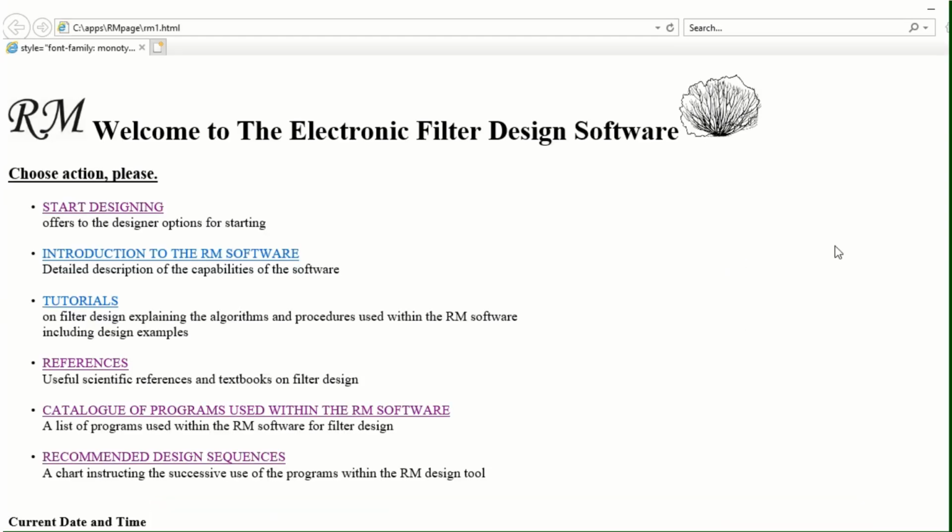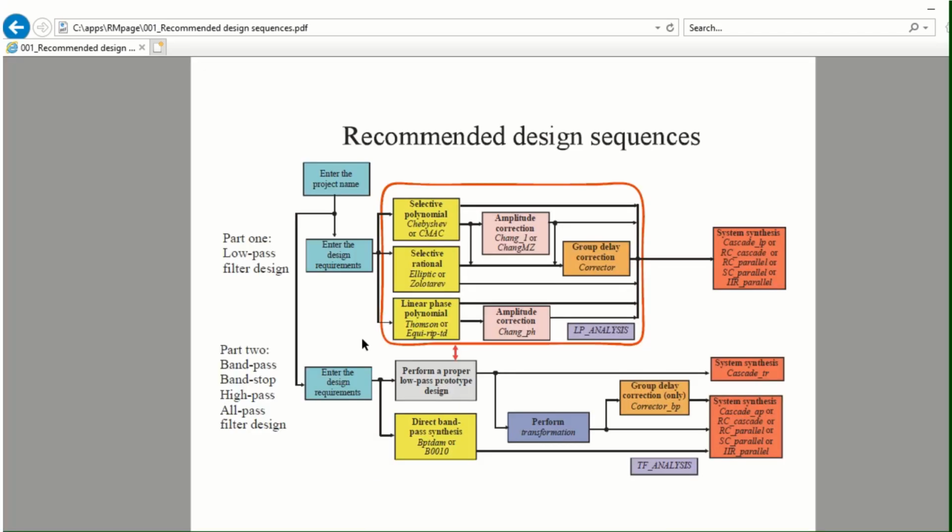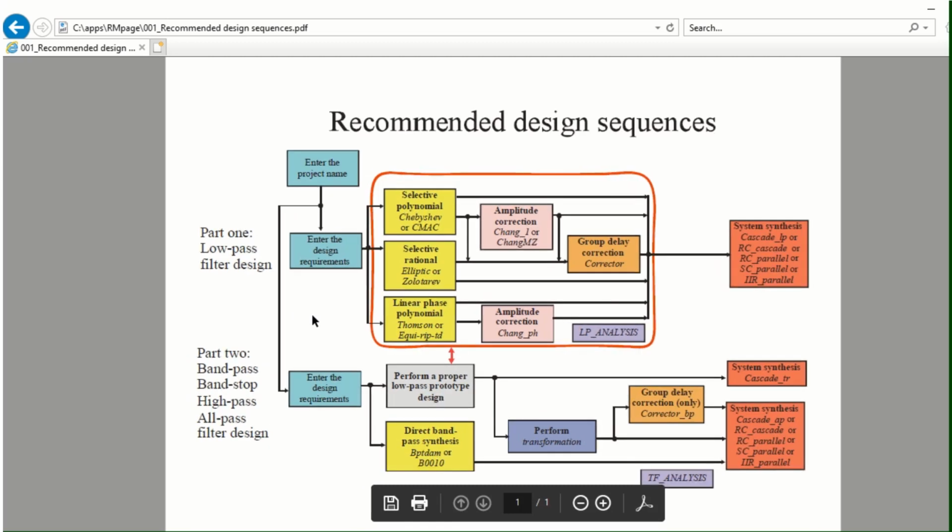We will visit the recommended design sequence. It will go this way.